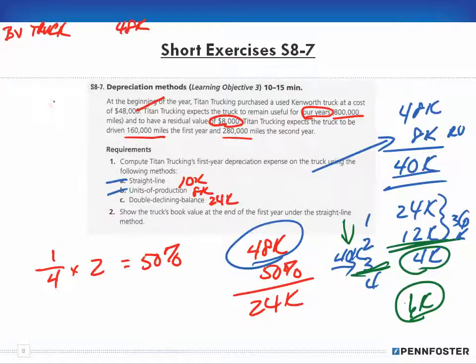That's my entire purchase price, my cost. And then I'm going to have my less accumulated depreciation, which for straight line was $10,000. So my actual book value ends up being 38,000.